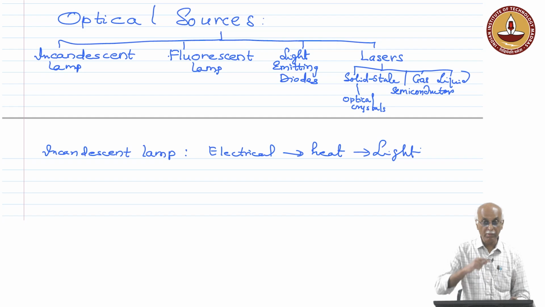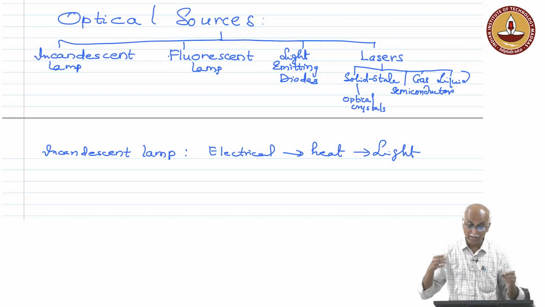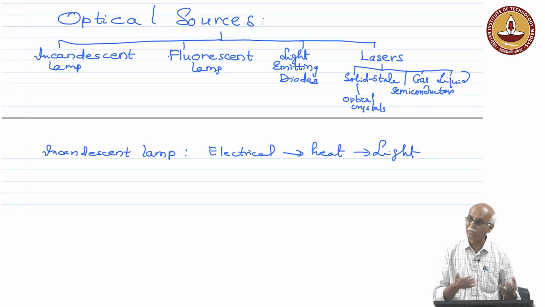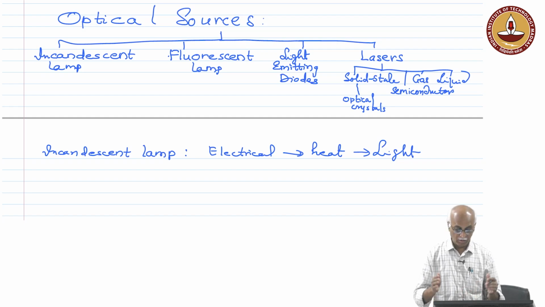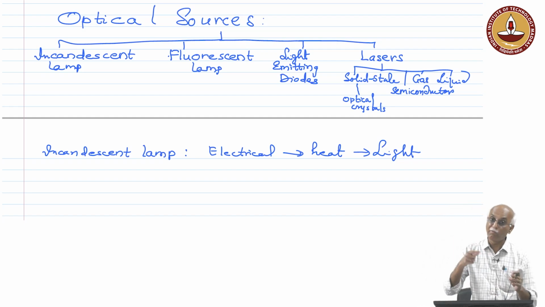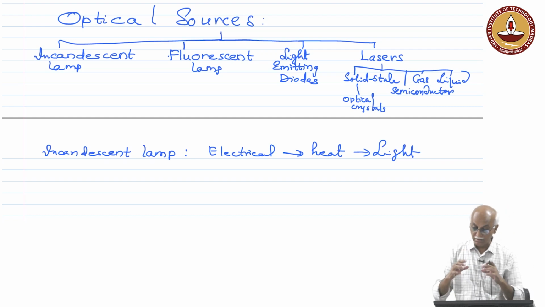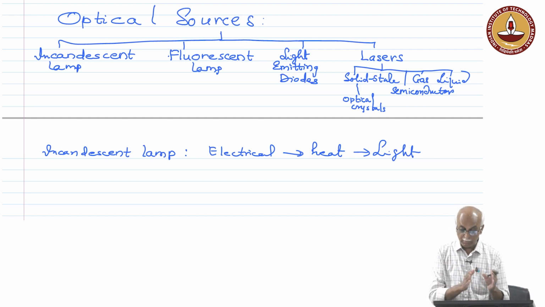We may be using a filament and then electrical current passes through this filament, I squared R effect will generate heat, and in turn we will see the output in terms of optical output. Depending upon the type of filament we use and the heat generated, we will be able to get wavelengths ranging from some visible range to near infrared range.